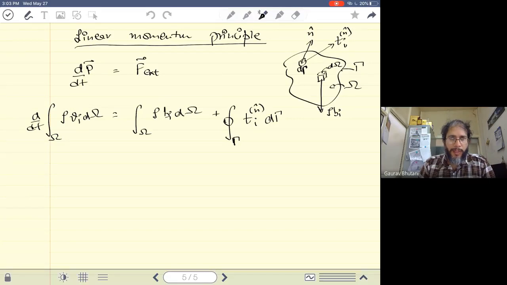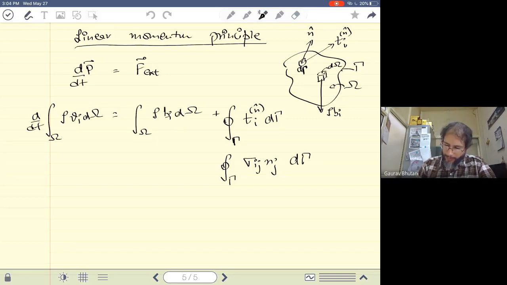So we have written the linear momentum principle in the initial form by writing the external forces acting on the body as a sum of body forces and surface forces. Now the next few steps are very similar to what we have done in the past. So the first thing we do is we write the traction using our Cauchy stress principle. So you remember that the traction can be written as sigma ij nj, that is using the Cauchy stress principle.